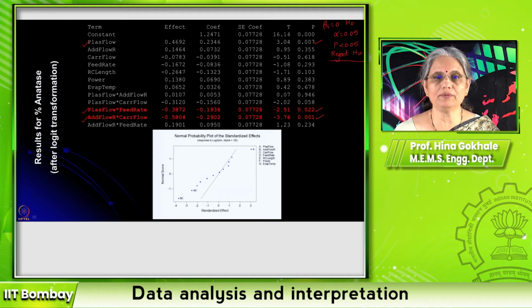It means that the beta coefficients are not 0. In all other places we can say that beta coefficients are 0, it has no effect on the Logit transformed percentage anatase, and therefore it reduces the model to having only one main factor and the two interaction factors.